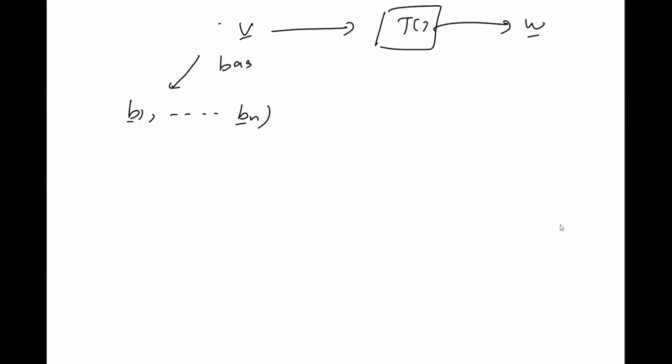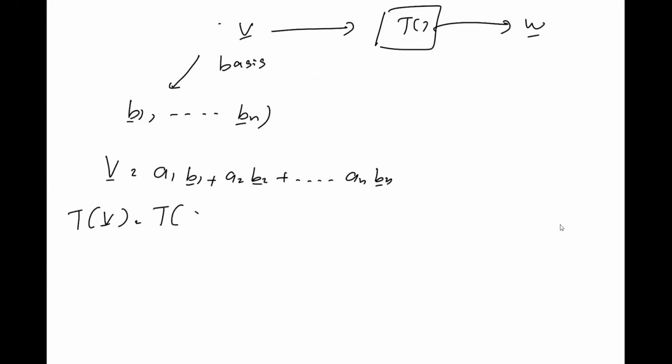Now you have a basis for this vector space V. Then you can represent this vector v as a1 b1 plus a2 b2 plus so on up to an bn. Now what will happen? I can write T(v) as the transformation of a linear combination of these basis vectors.